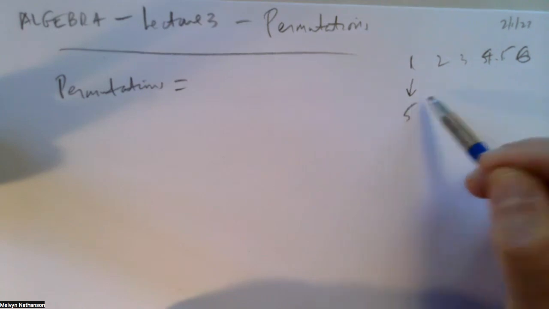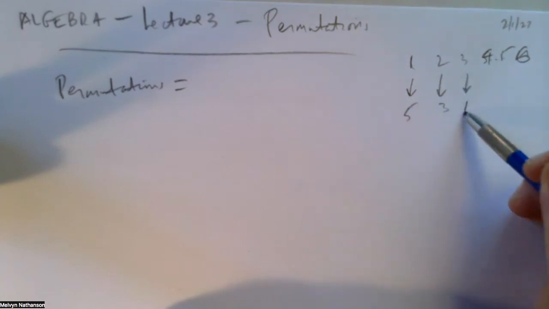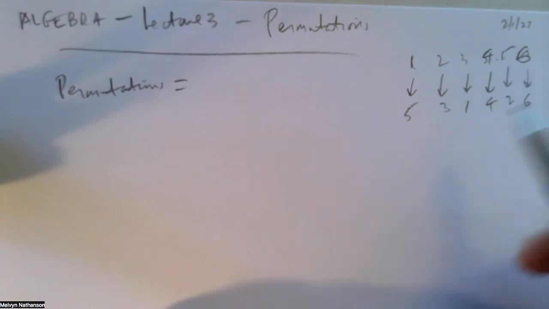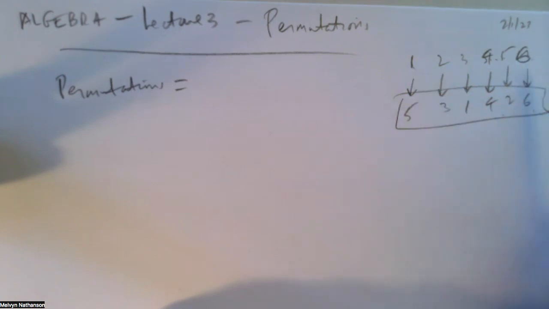Maybe 1 will become 5, and 2 will become 3, and 3 will become 1, and 4 will stay at 4, and 5 will go to 2, and 6 will stay at 6. So now 5, 3, 1, 4, 2, 6 is some arrangement or permutation of the numbers 1 through 6.